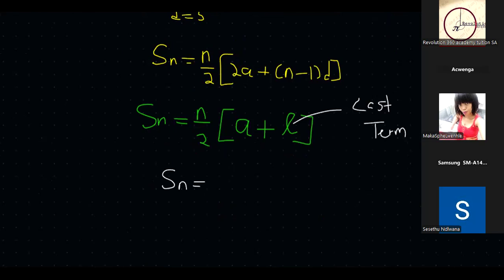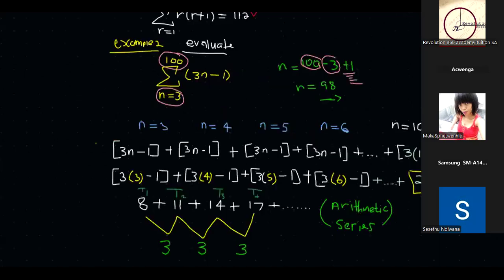Then your a is the first term, the one that is represented on the series. That should be what? 2? A is equal to 2. We got 2, was it 2? It's 3, ne?